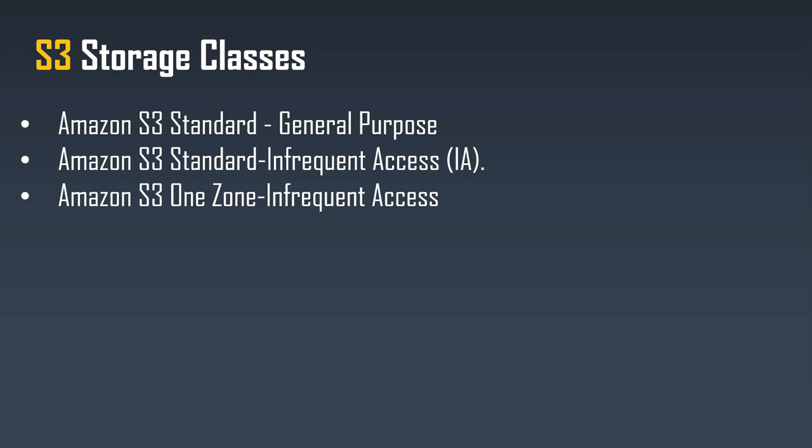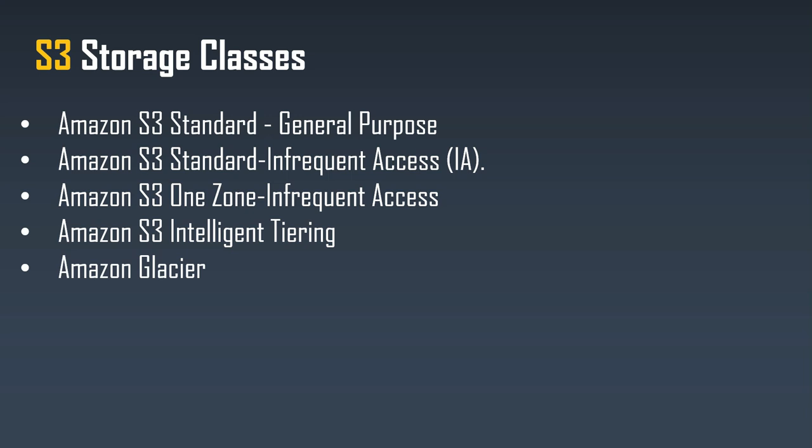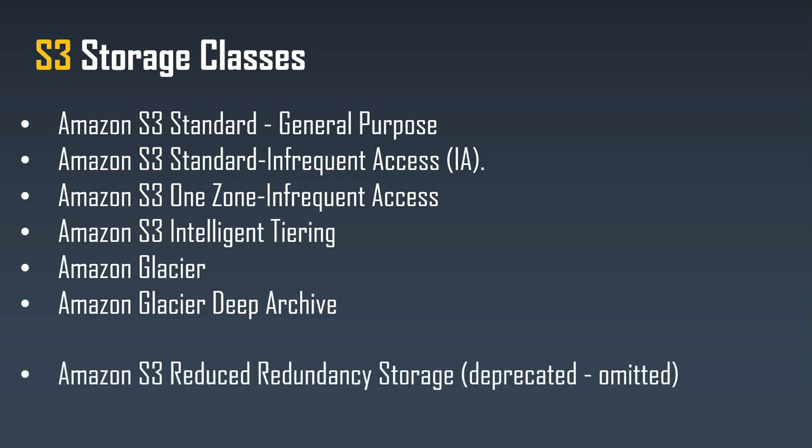There is S3 Intelligent Tiering, which is going to move data between your storage classes intelligently. And now Amazon Glacier for archive and Amazon Glacier Deep Archive, for archiving data you don't need right away. Finally, there's one last class called Amazon S3 Reduced Redundancy Storage, which is deprecated and therefore I will not describe it in detail in this session.